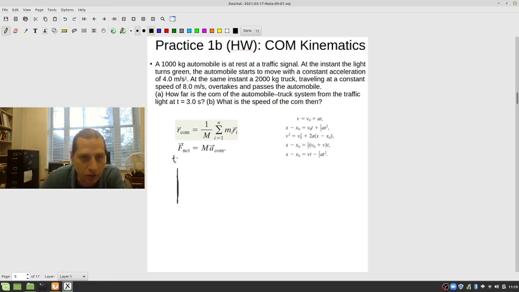At t equals 0, you have a mass 1 that is 1,000 kilograms, and it's just sitting there. And in the story, its initial velocity is 0, but its acceleration is going to be 4 meters per second squared.